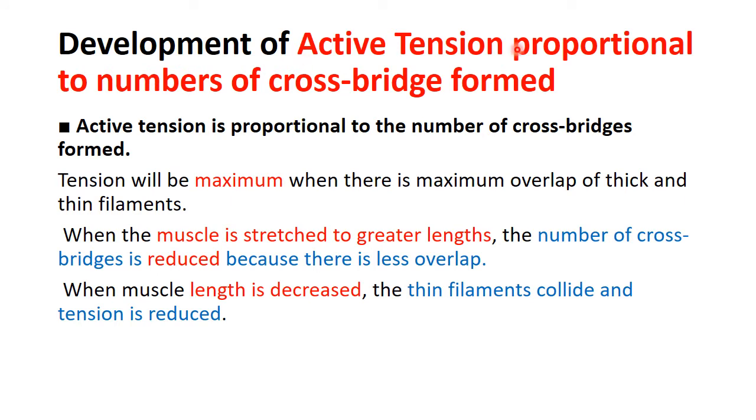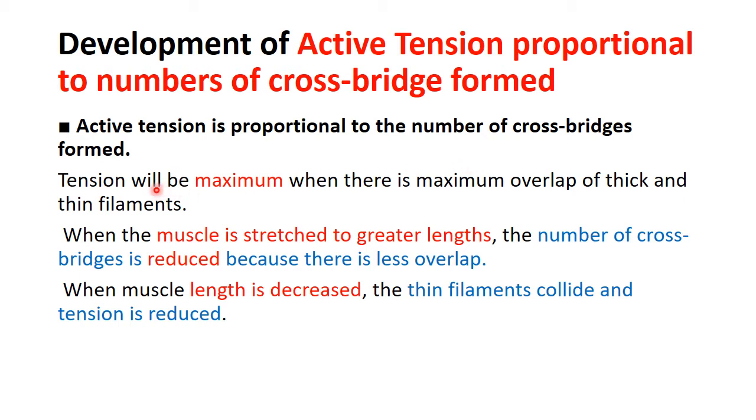So the development of active tension is important to lift the weight or to do the work, and it is proportionate to the number of cross bridges which are formed. So the number of cross bridges is responsible for the development of active tension. The active tension is always proportionate to the number of cross bridges formed.